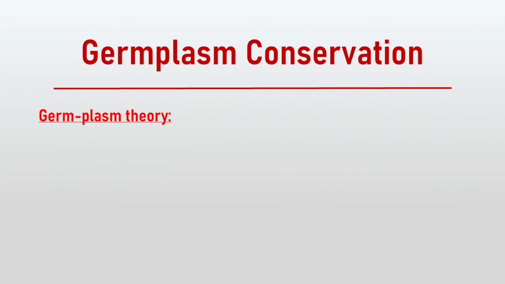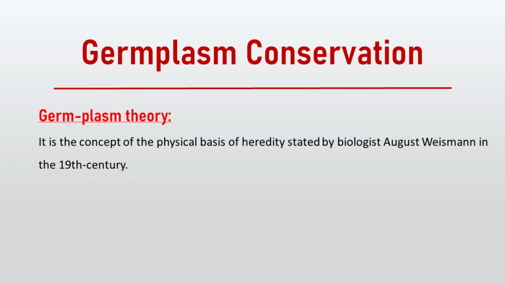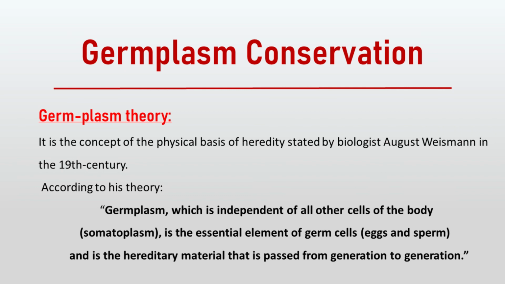Germplasm theory. It is the concept of the physical basis of heredity, stated by biologist August Weismann in the 19th century. According to his theory, germplasm, which is independent of all other cells of the body, is the essential element of germ cells, and is the hereditary material that is passed from generation to generation.